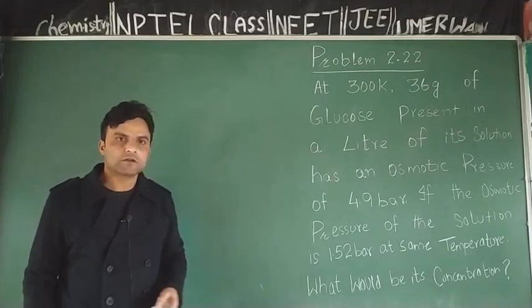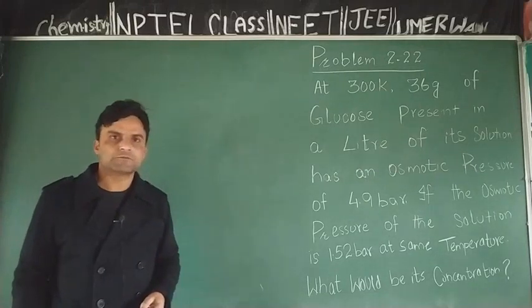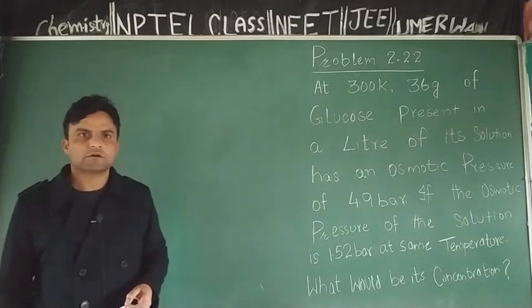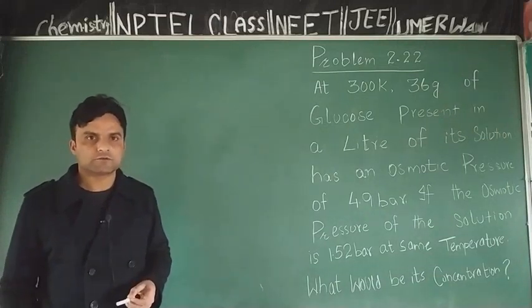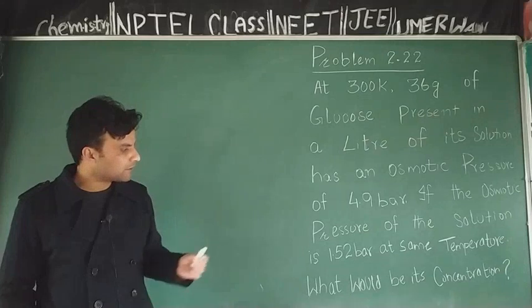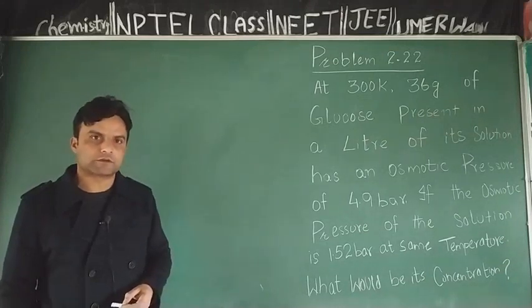If value of osmotic pressure got reduced, it means amount of solute present in solution is less. But we have to calculate this amount of solute in terms of concentration.